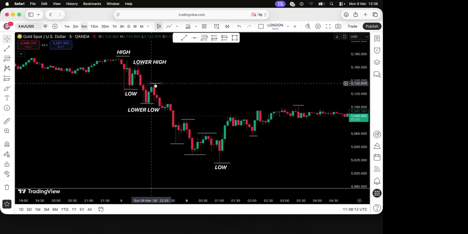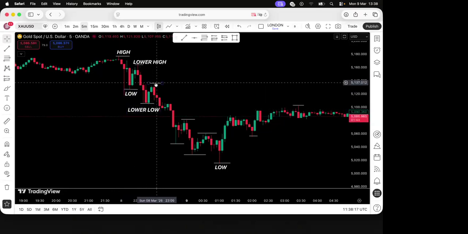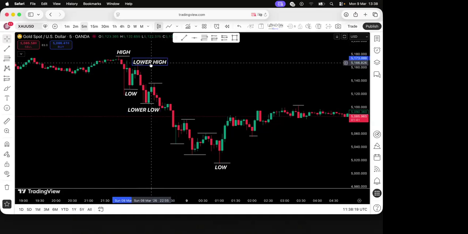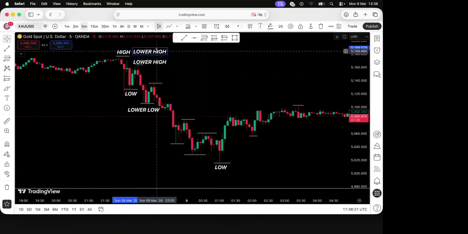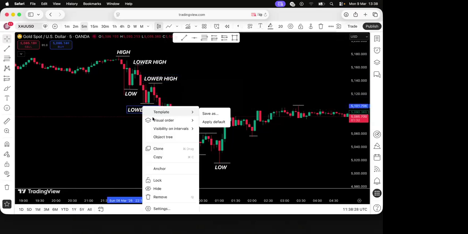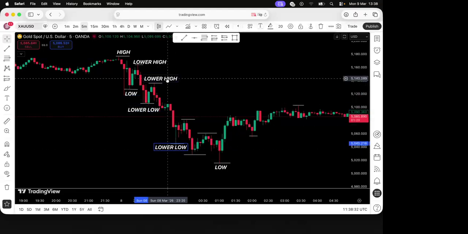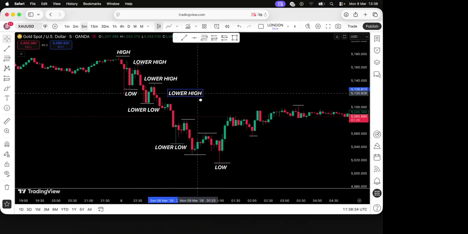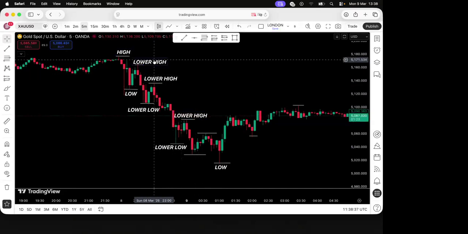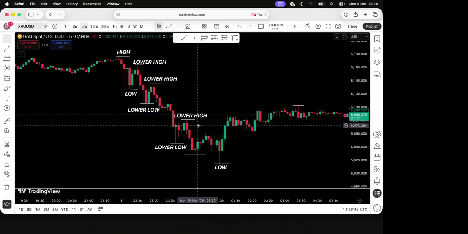Those of you on this call, if that's a lower low, what do you think that is there? Absolutely bang on. That is another lower high. It's a high that's been created, but it's a lower high. Lower low, lower high. See where I'm going here? High, low, lower high, lower low, lower high, lower low, lower high.